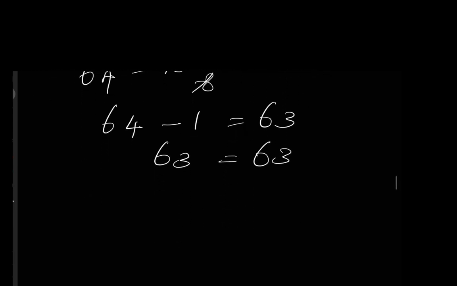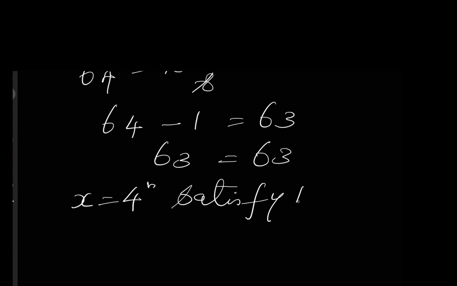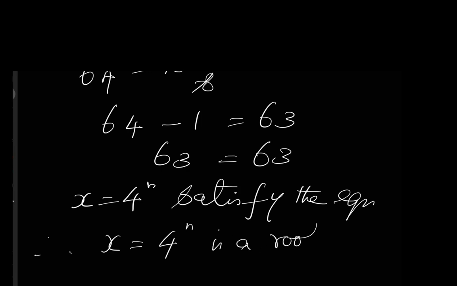So yes, x equal to 4 power n satisfies the equation. Therefore, it's a root of the equation. Out of n roots, x equal to 4 power n is a root of the equation.